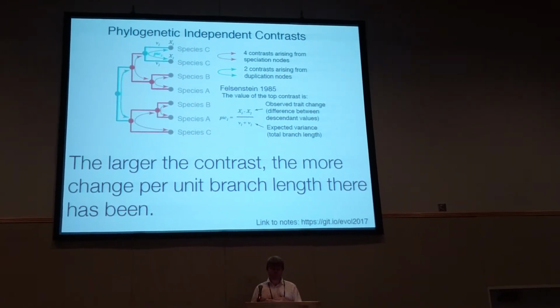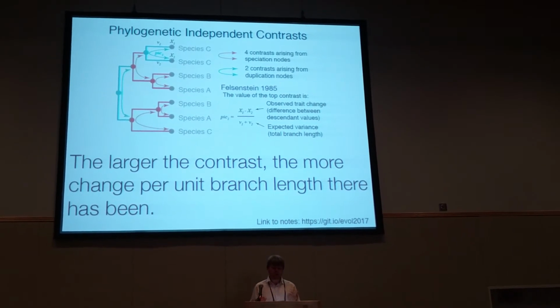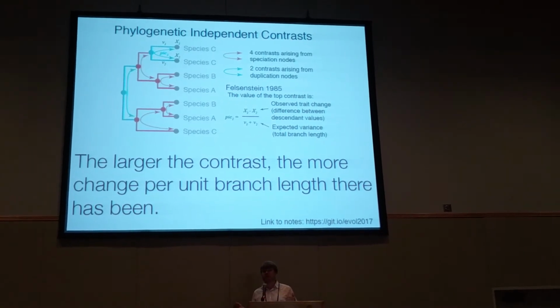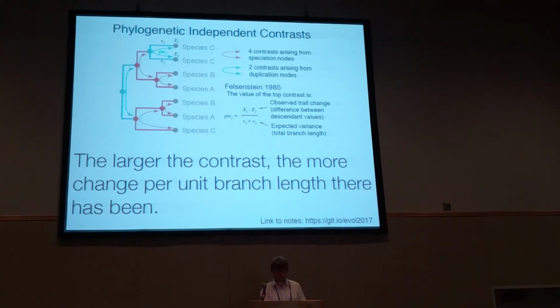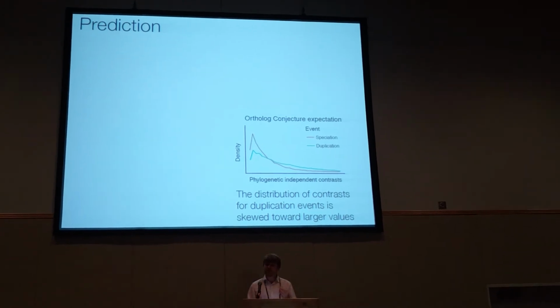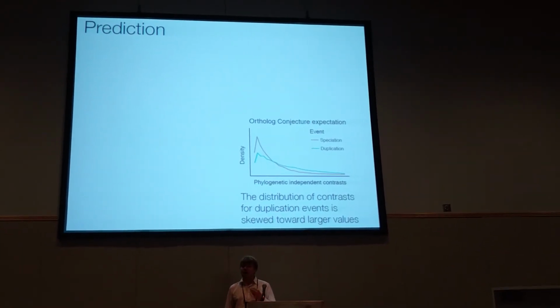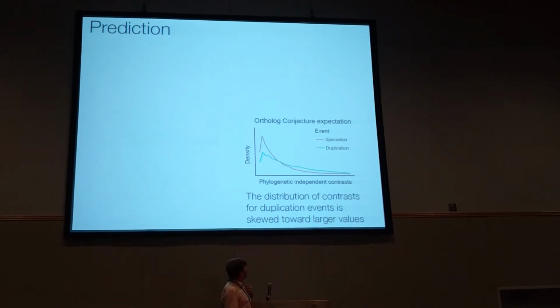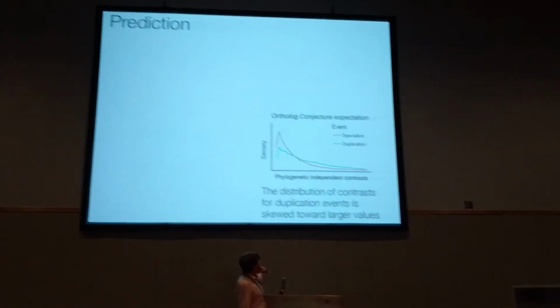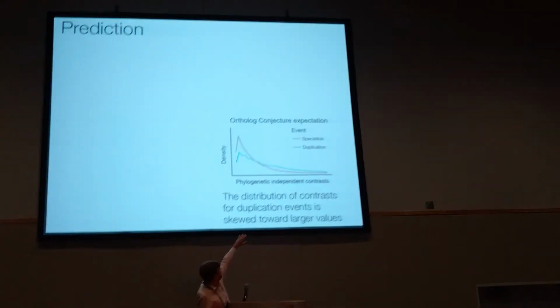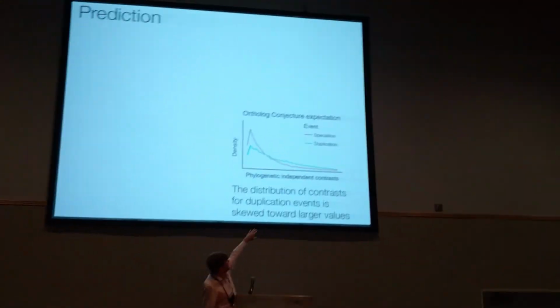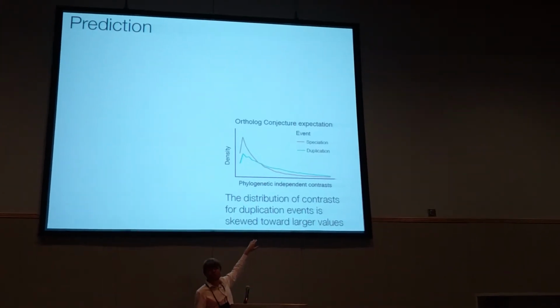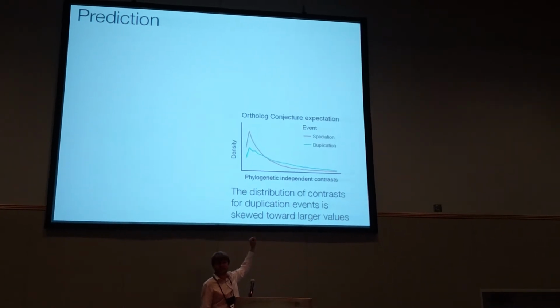And the larger the contrast, the more change per unit branch length there's been since that node. So the specific expectation, the prediction of the ortholog conjecture, this particular hypothesis, is that in the presence of this increased rate of change following duplications, you would see an excess of large contrasts for duplicates if you look at the density plots here.